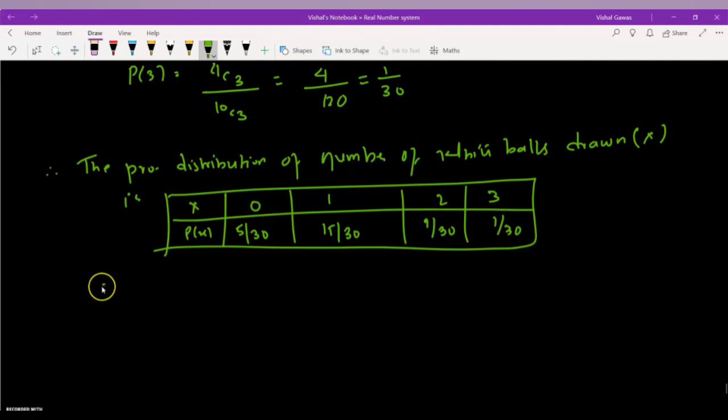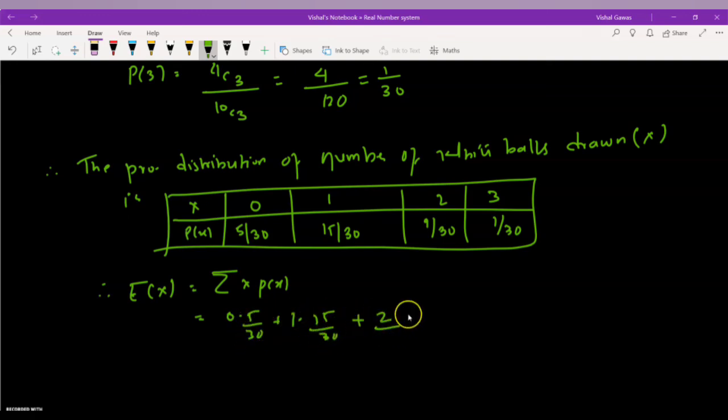Therefore the expectation E of x, the expected value of white balls drawn, would be summation x p(x), which is 0 into 5 by 30 plus 1 into 15 by 30 plus 2 into 9 by 30 plus 3 into 1 by 30.